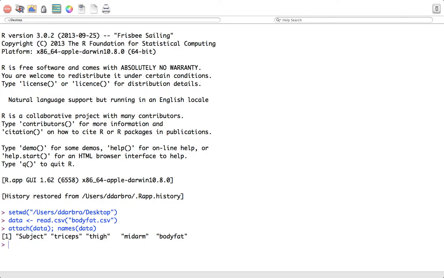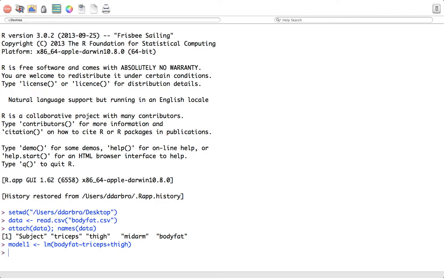All right, guys, so I've attached the data and the names are, see how everything's spelled, so no capitalization. All right, gang. The first thing I want to do is create the sum of squares error for x1, x2. So I'm going to call this my first model. I'm going to run a linear model with body fat as a function of triceps plus thigh.